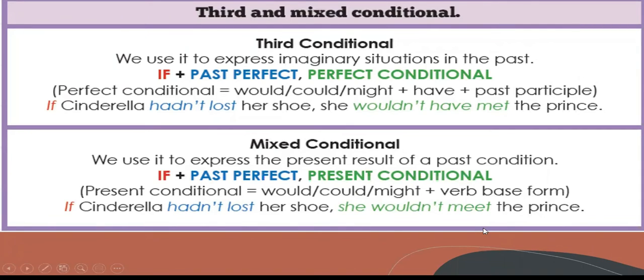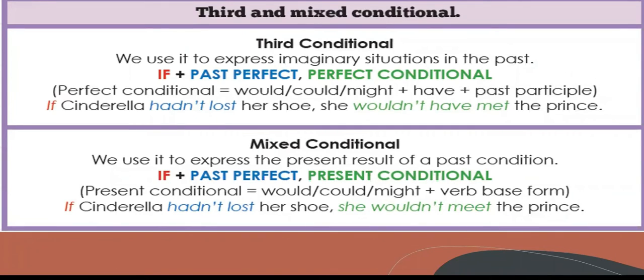So the result today in present is that Cinderella met the prince, and they got married. They are married, okay? But it wouldn't have happened if she hadn't lost her shoe, okay? So for mixed conditional, you have to remember that something in the past happened, but the result is today, okay?